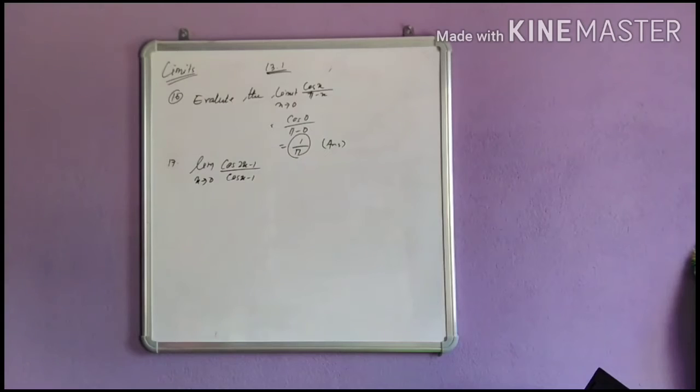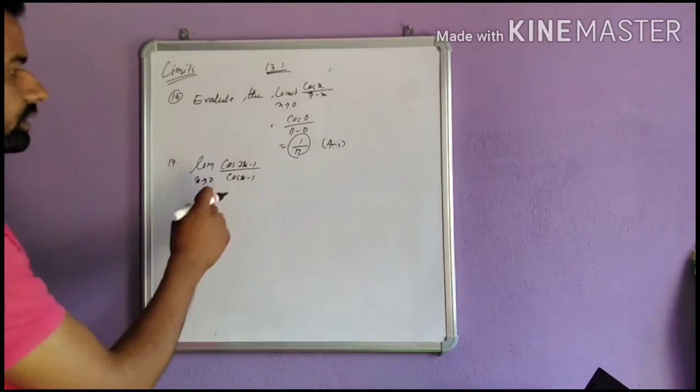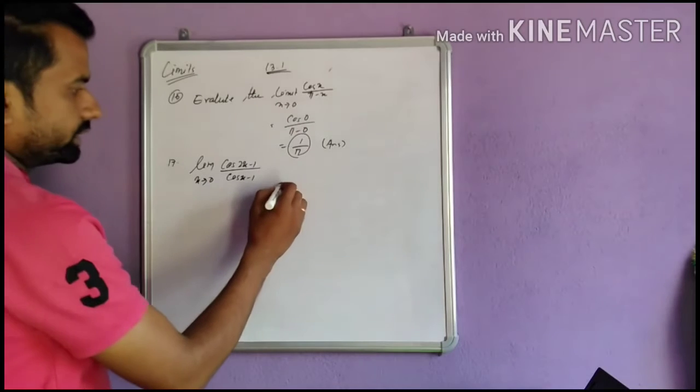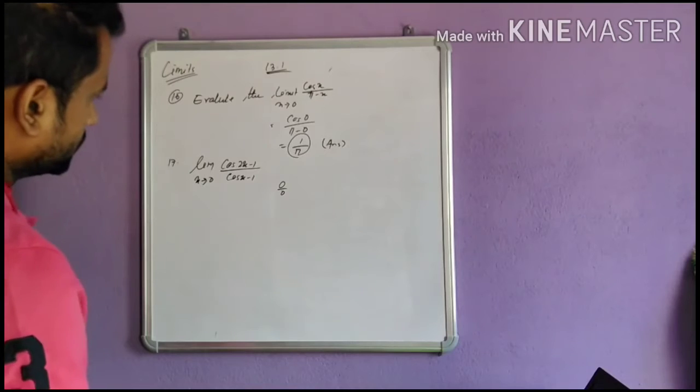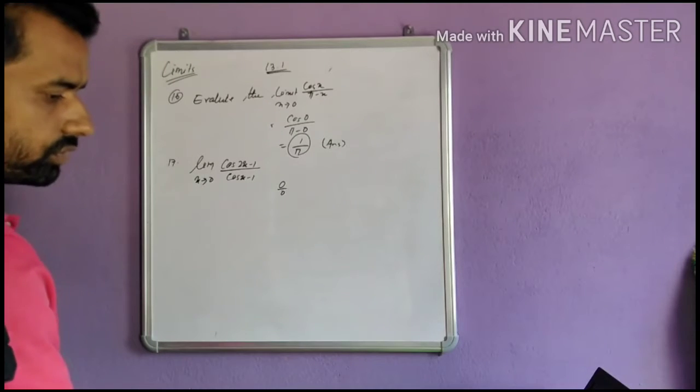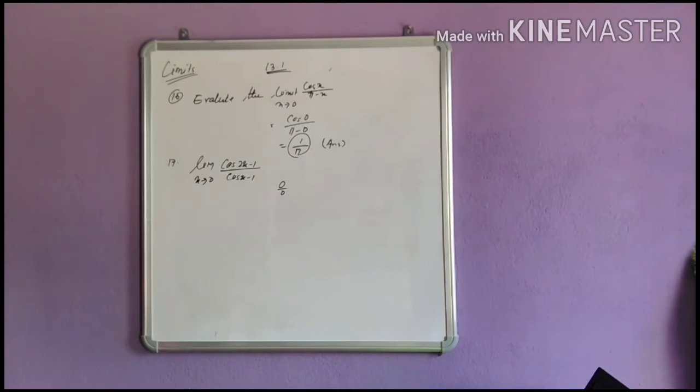If we put 0 in the value of x, we will get 0 by 0. So which process should we follow? You can write it into the simplest form.